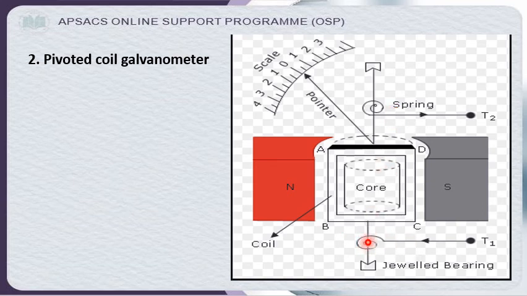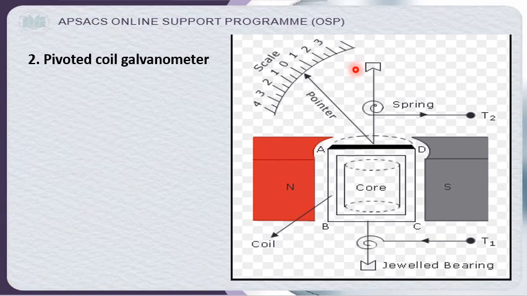These are known as jeweled bearings. These jeweled bearings make this galvanometer a little less sensitive because the coil is pivoted between these two points.